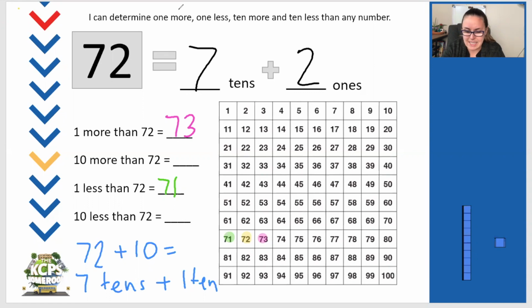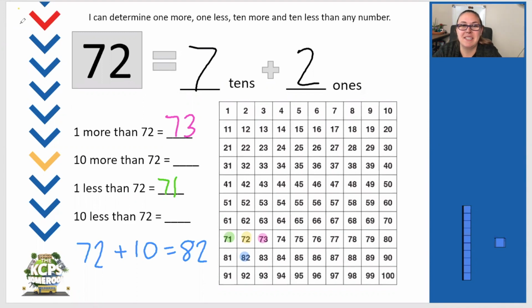That's right, you get 8 tens. So if we take 70 plus 10, we get 82. Now look at your hundreds chart. Where do you see 82? Above or below 72? That's right, you see it below.